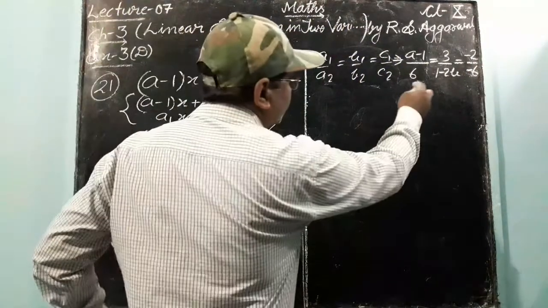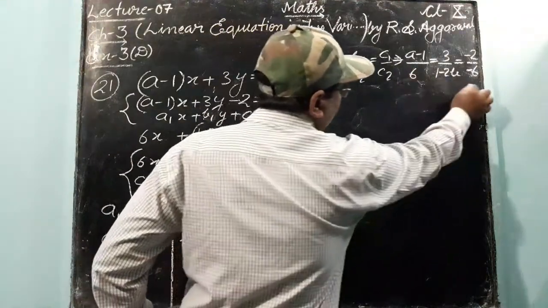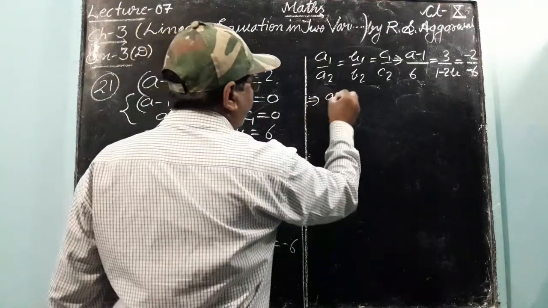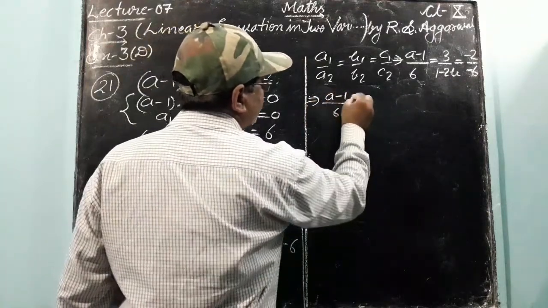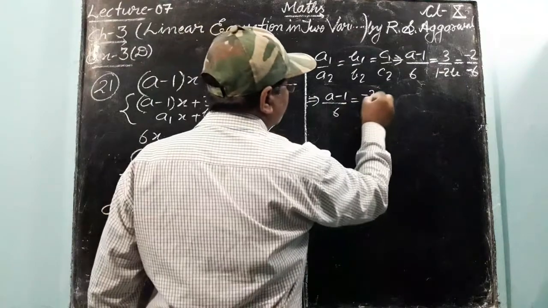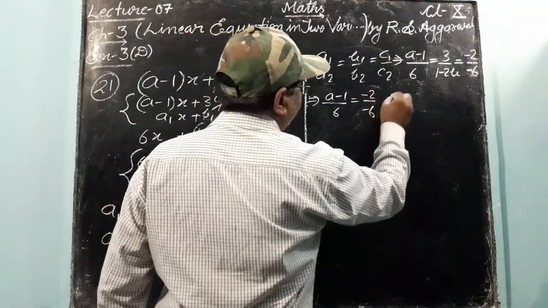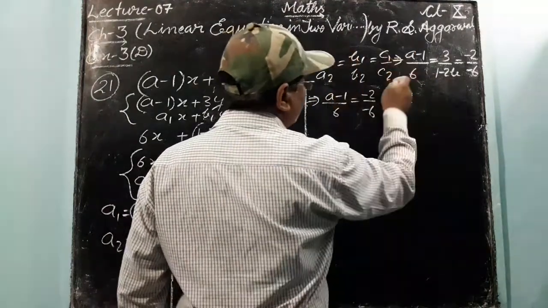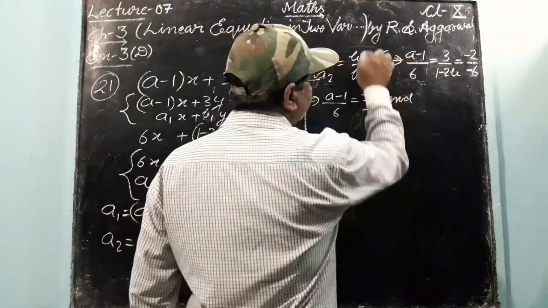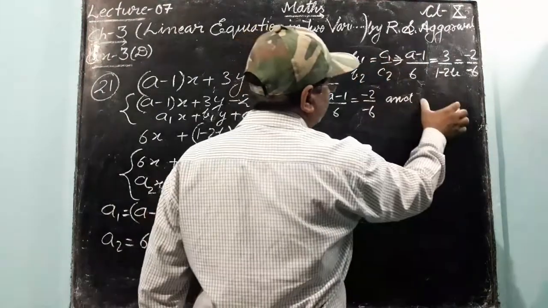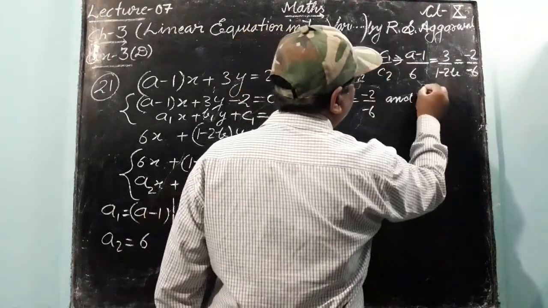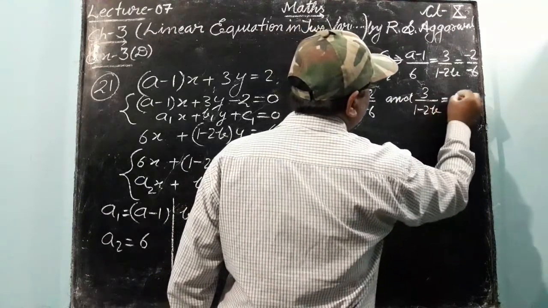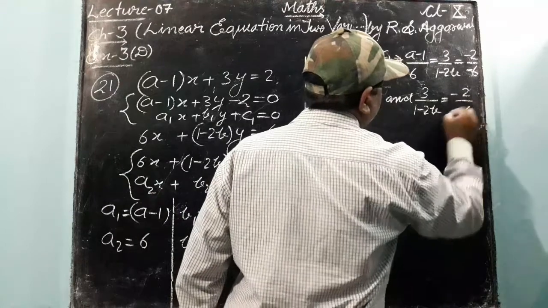In this way students, you will keep it in two forms, and then it will be a minus 1 upon 6 is equal to minus 2 upon minus 6, that is, a1 upon a2 is equal to c1 upon c2, and b1 upon b2 is equal to c1 upon c2 we will write here, and then it will be 3 upon 1 minus 2b is equal to minus 2 upon minus 6. Clear?